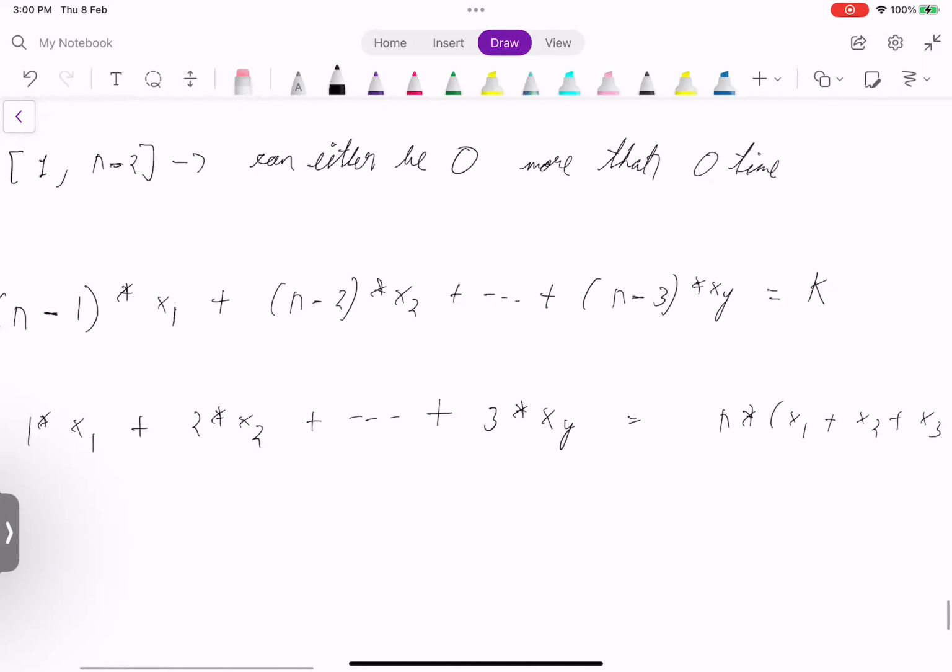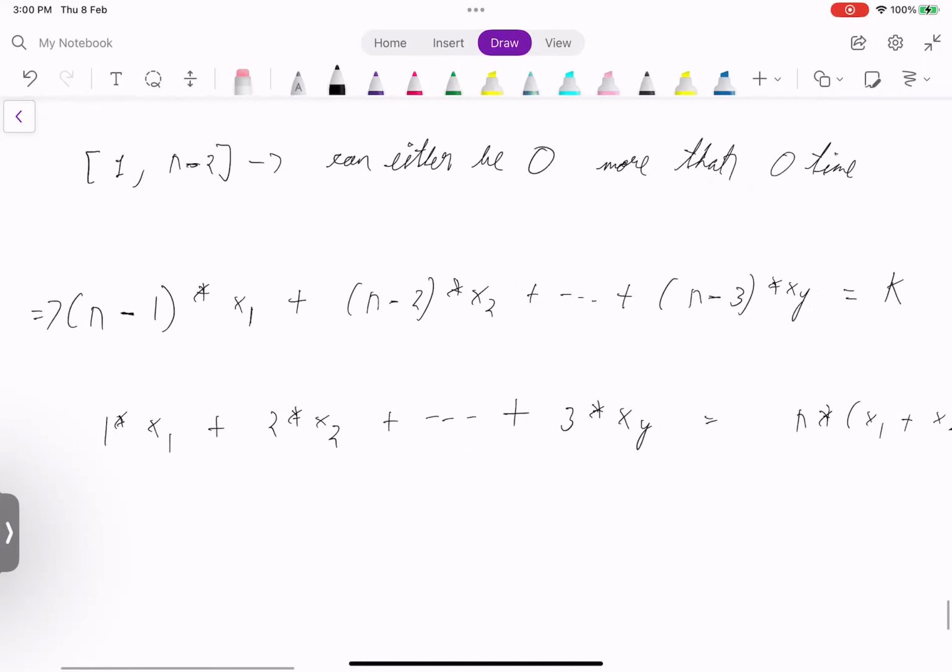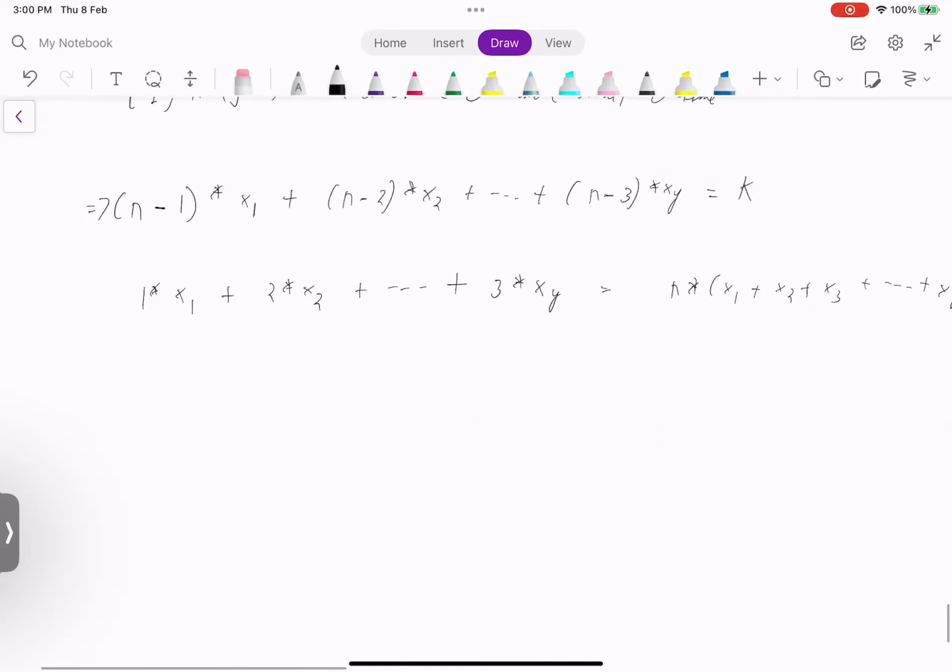Okay? So I just simplified the above equation. So this is what we get if we simplify. Now here x1 plus x2 plus so on plus xy is nothing but n minus 1 if you observe. Right? All these values are n minus 1.